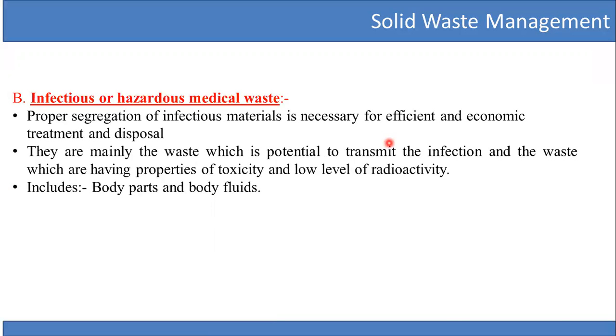They are mainly the waste which has the potential to transmit infection, and waste which has properties of toxicity and low level of radioactivity. This kind of waste includes body parts and body fluids, or we can say infectious material contaminated with the patient's blood.